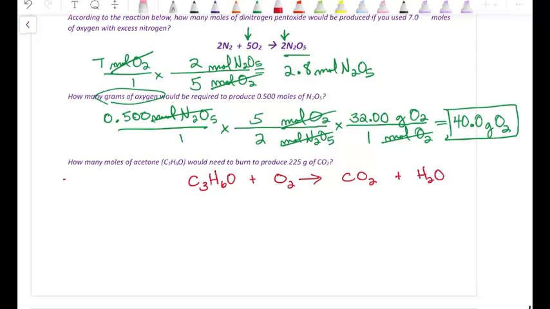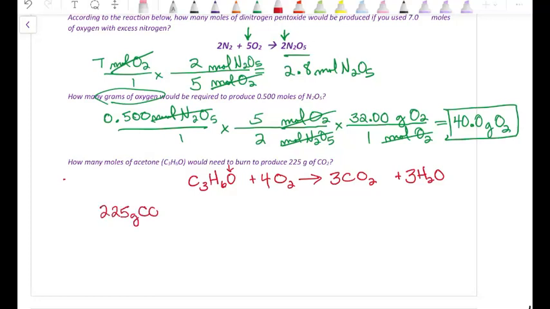And then we need to balance. So at least initially I would put a 3 to balance my carbon, a 3 to balance my hydrogen, gives me 6 on each side. And that gives me 6 plus 3 is 9 oxygens. So since I already have an oxygen right here, I only need 8 more, so I multiply oxygen by 4. Okay, so I've got my balanced equation.